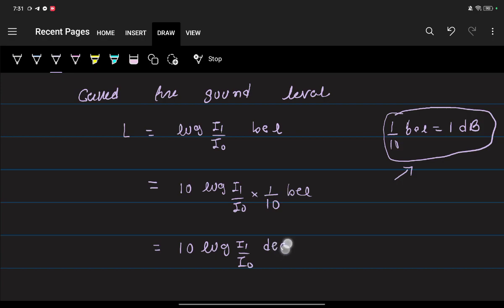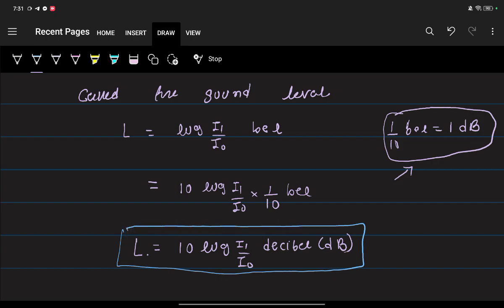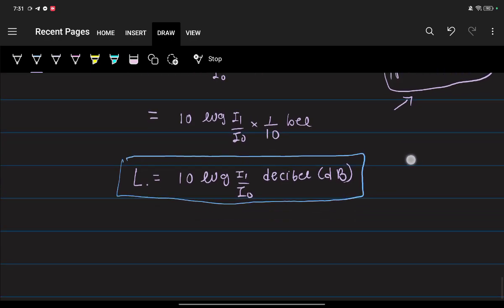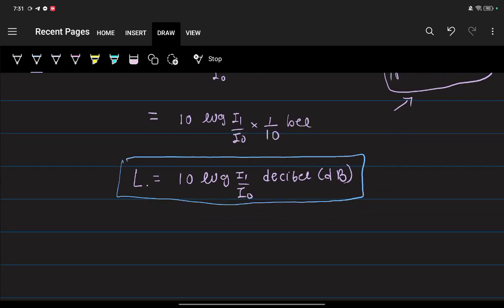So this is the loudness in decibel in its purest form. Here Bell or decibel is the unit of loudness level, named after the scientist Alexander Graham Bell, who invented the telephone.